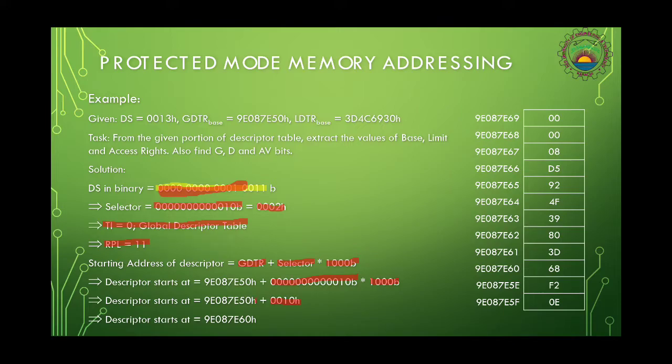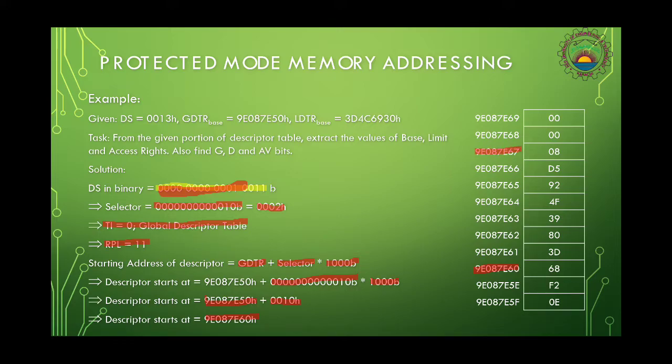That 10x is added with the base value for the global descriptor table, so we are having 9E087E60 hex. That is the starting location of the descriptor in memory. And as we know the descriptor is of 8 bytes, that gives the final address of the descriptor.